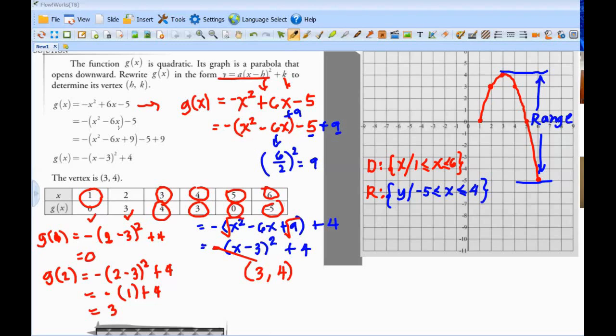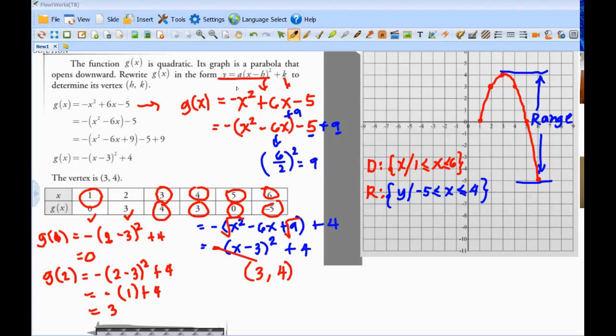this, if you remember about getting the center or the vertex of the parabola, you have to get the negative b over 2a, and then you replace it in the given equation, substitute it there, and then you will get the value of your vertex.